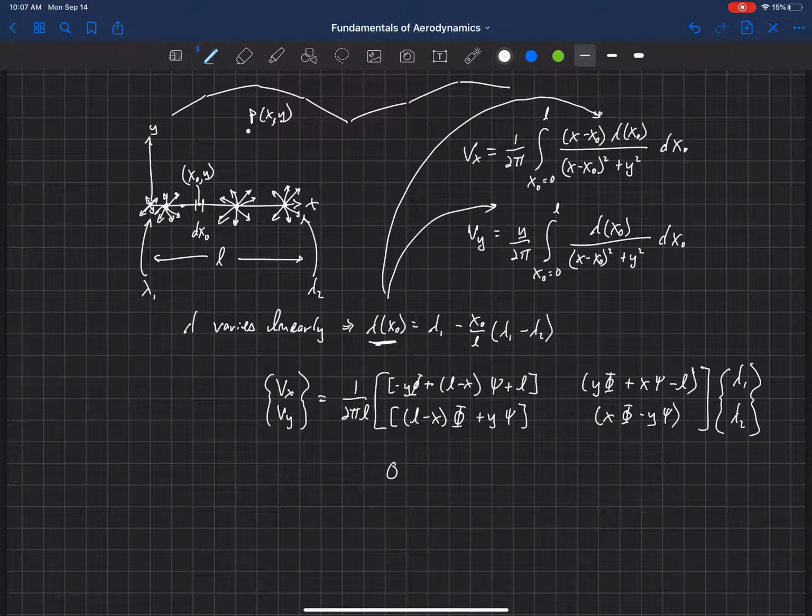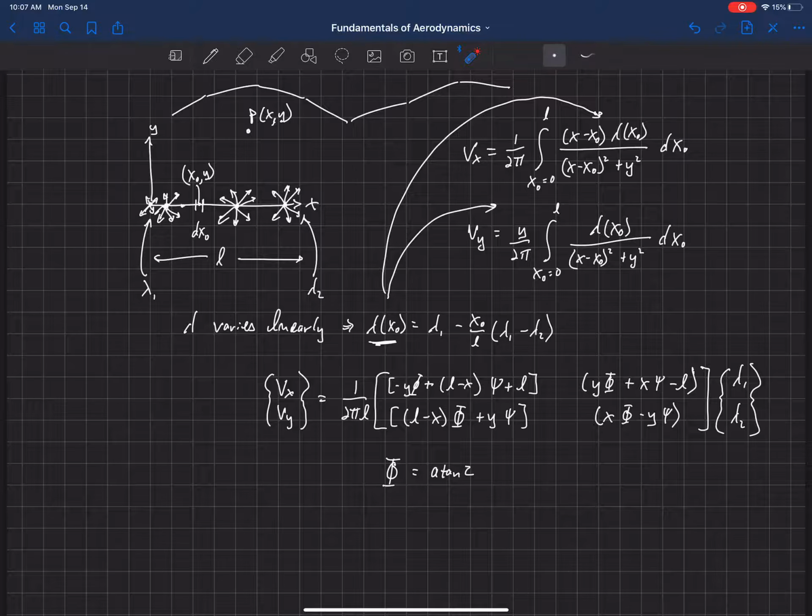And we need to define this capital phi, which is equal to atan2. It's the arctangent, but we need to preserve our quadrant because the solution depends on whether you're above or below this sheet.